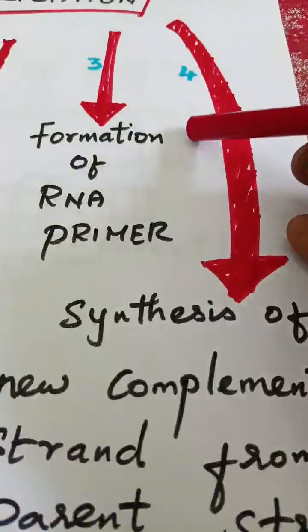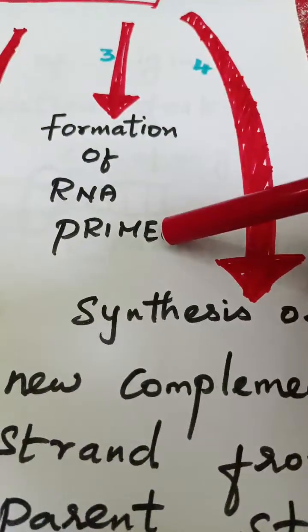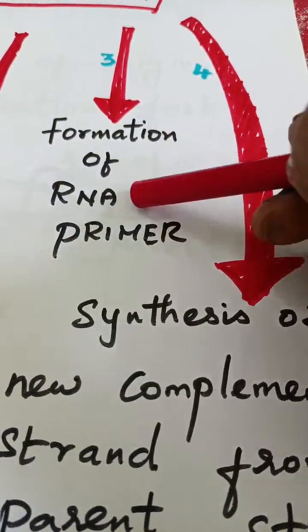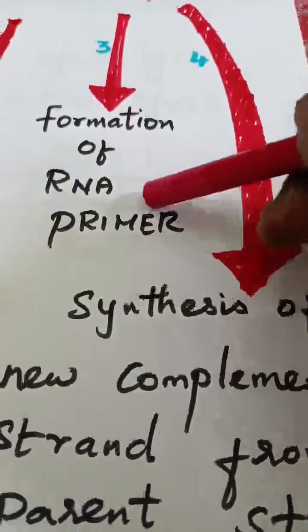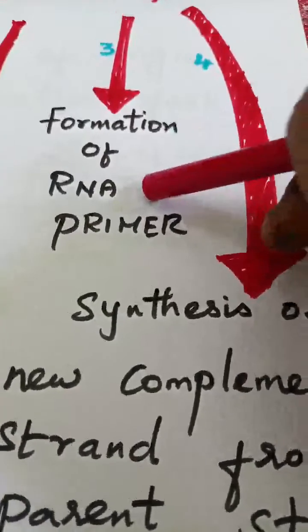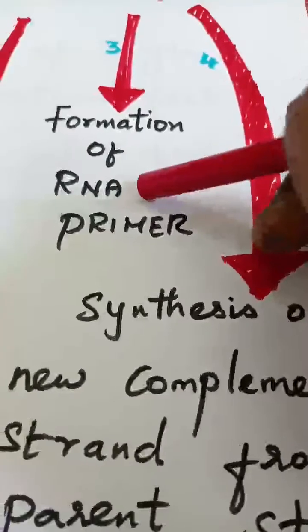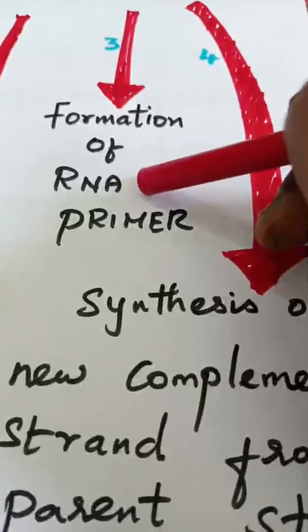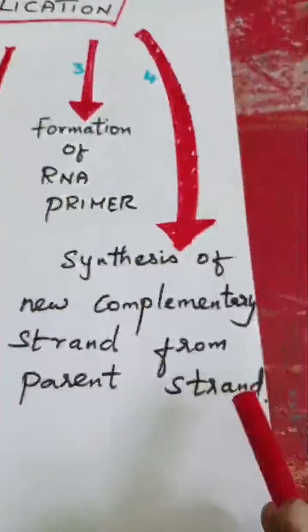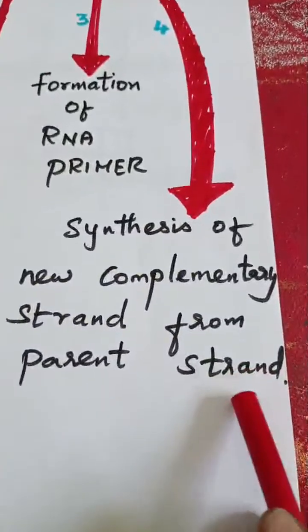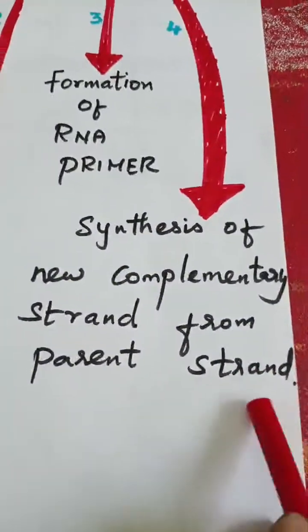And the next is formation of the RNA primer. Understood? This RNA primer is also synthesized by the DNA itself. It is also a nucleotide. It is ribonucleic acid, whereas DNA is deoxyribonucleic acid. Understood? And then the last step is synthesis of the new complementary strand from the parent strand.